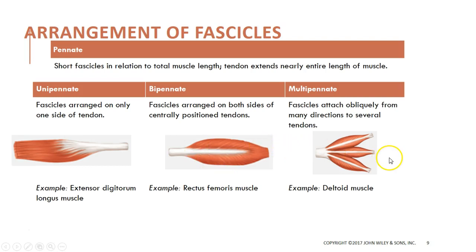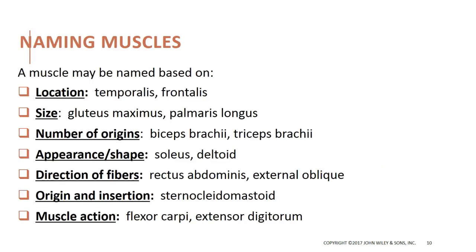And then the multipinnate looks like a lot of feathers side by side with all of their quills inserting into one large tendon. This is what we find with the deltoid muscle of the shoulder. And with this arrangement of all these short fibers contracting and pulling together, this is going to create a very, very strong muscle contraction.